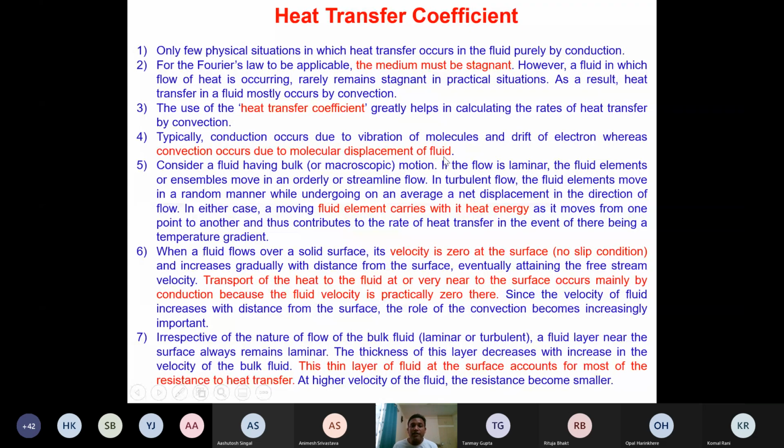So fluid particles move from one place to another. That is a macroscopic phenomenon, not a microscopic one. Conduction is a microscopic phenomenon, but in convection there is a bulk movement of the fluid material.